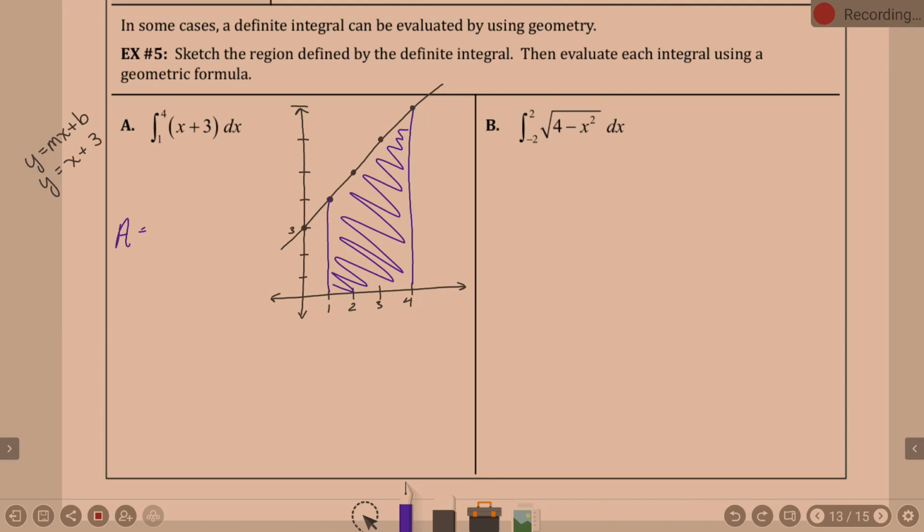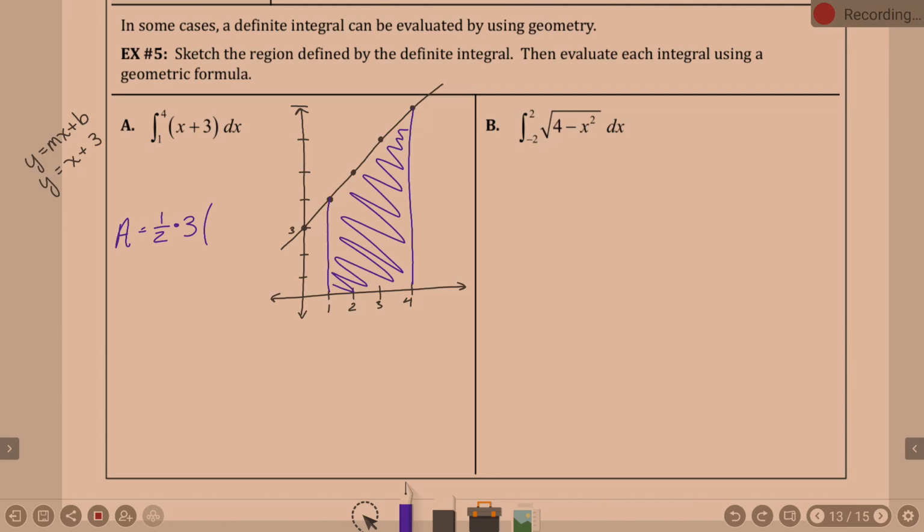I'll give you the 1/2. Times what? 3, because the distance between 1 and 4 is 3.